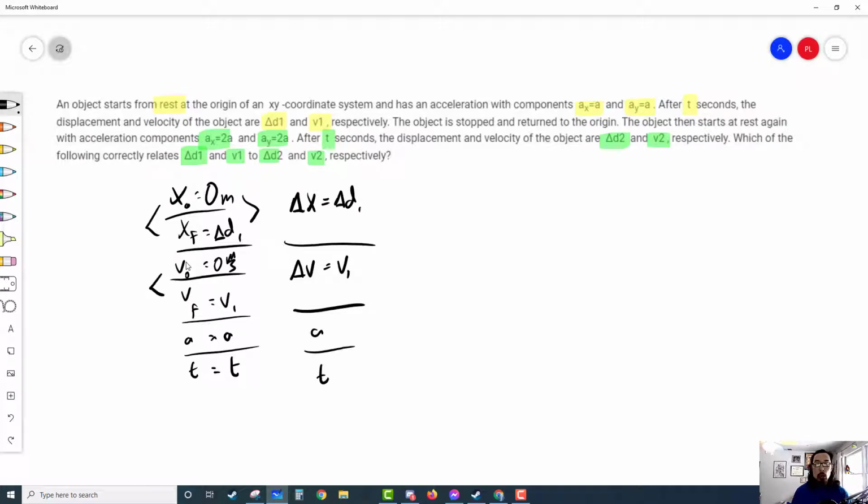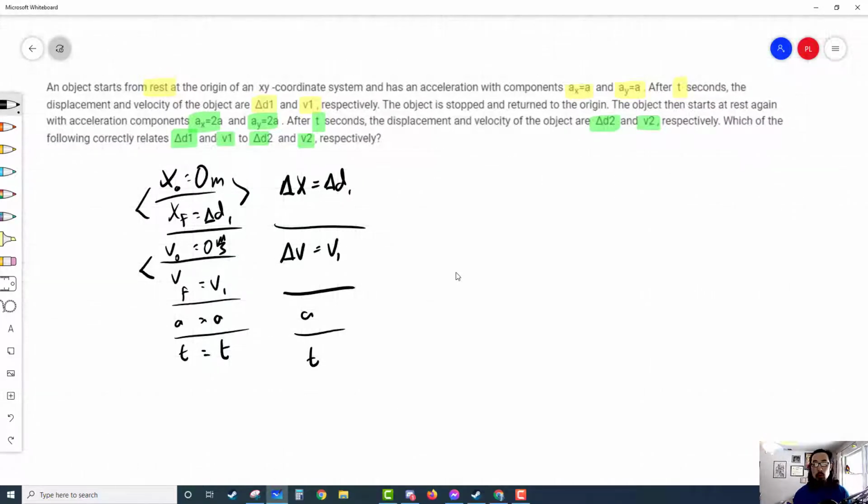From here, I'm going to create my relationships. What this means is I want to see how all of these variables relate to each other. Within the 3 kinematic equations, we can come up with relationships between all 4 of these variables. So I'm going to start off with vf equals vo plus at.